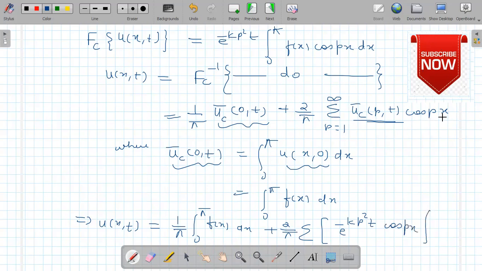Now because here p is a function of x with cos px, we replace this x by y, because that makes the confusion of why cos px is written outside the integral. So we replace x by y.